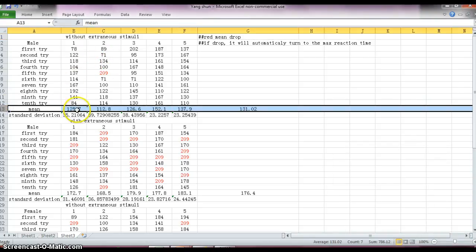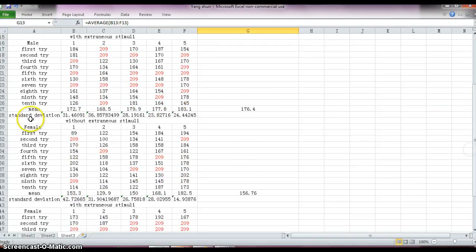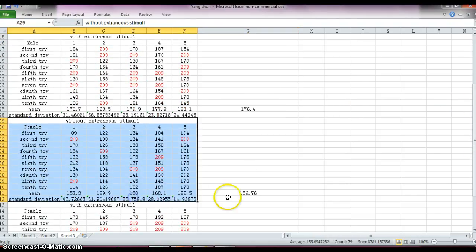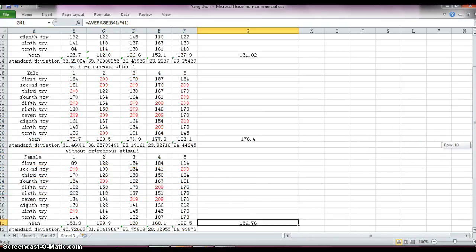So the mean is 125.7 for the first, and their average for the 5 males is 131.02. This is the females without the stimuli, 156.76. That means the males are faster than the females.